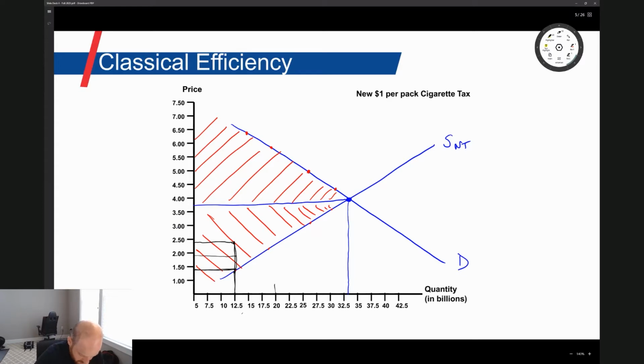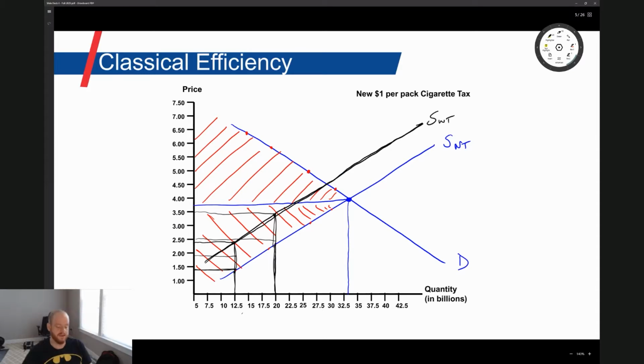Instead of 20 billion packs being produced at 250, it is now going to be produced at 350. So we're essentially creating this new supply line that is our supply with tax, and the difference between these lines represents that $1 excise tax on a pack of cigarettes.